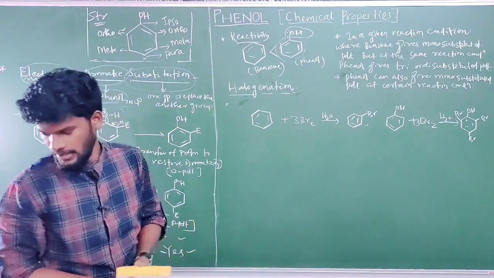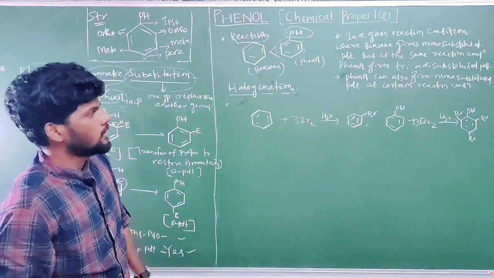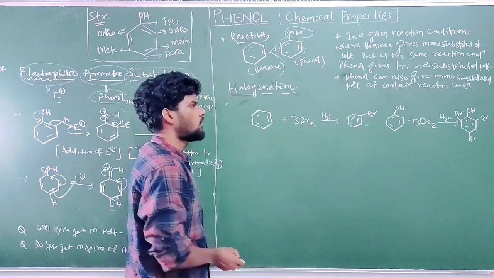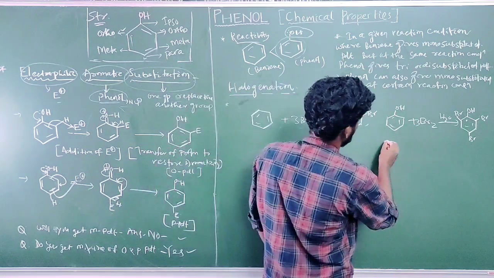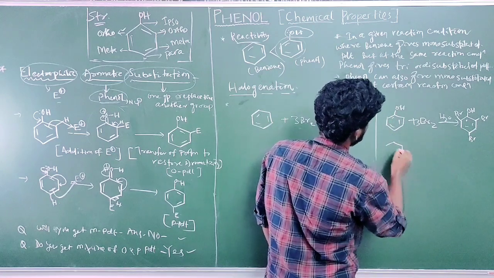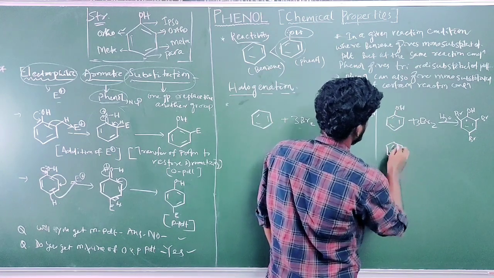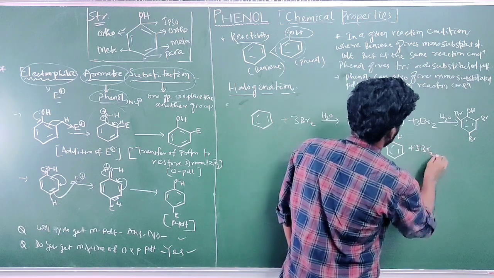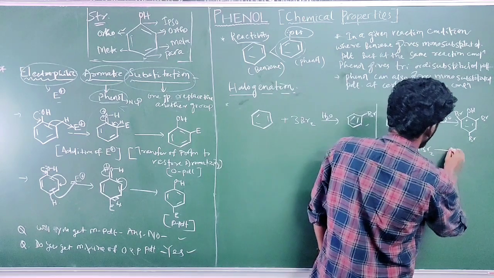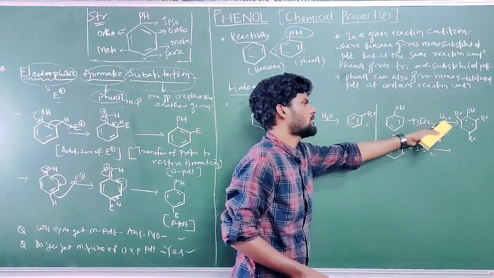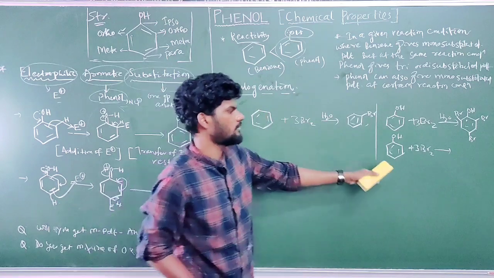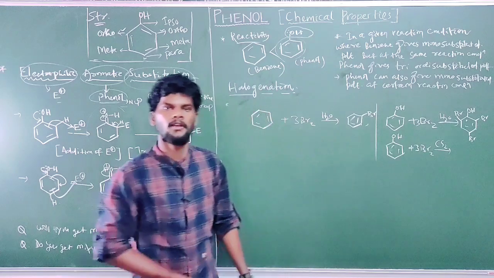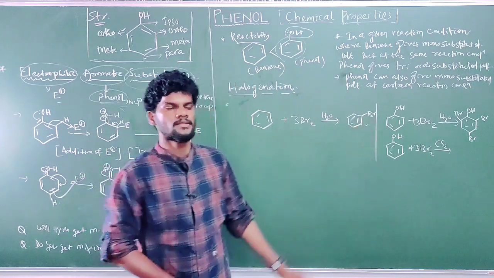So for the halogenation reaction, there is another controlled reaction of phenol to get a monosubstituted product. How? Look at this side. This is the structure of phenol, and if you use 3 moles of Br2, but the solvent, in the previous case we used water, but in this case if you use carbon disulfide, CS2, carbon disulfide is a non-polar solvent and water is a polar solvent.